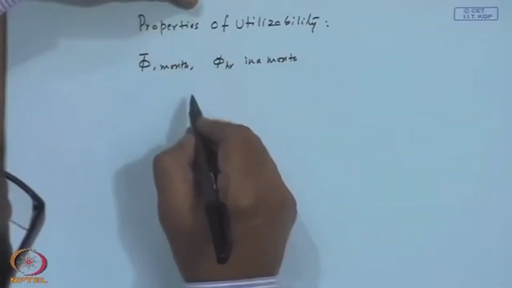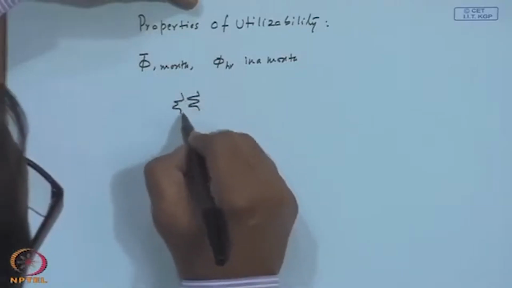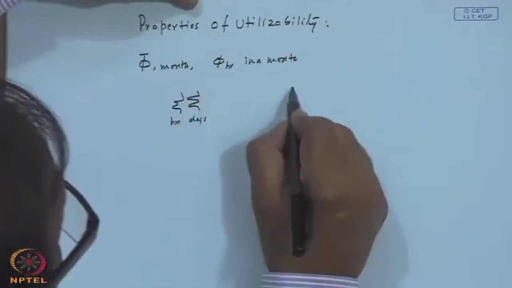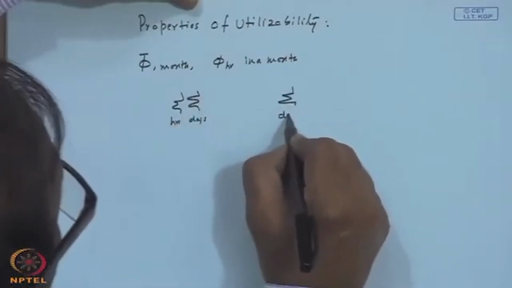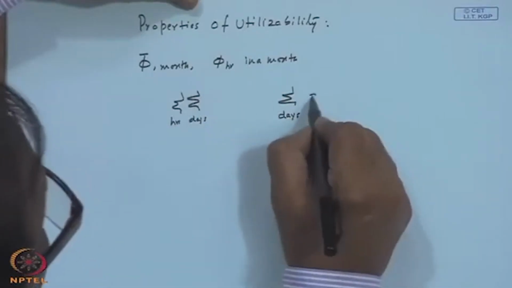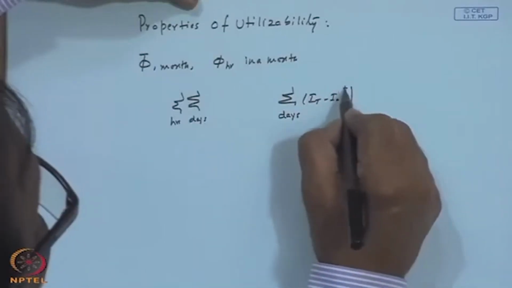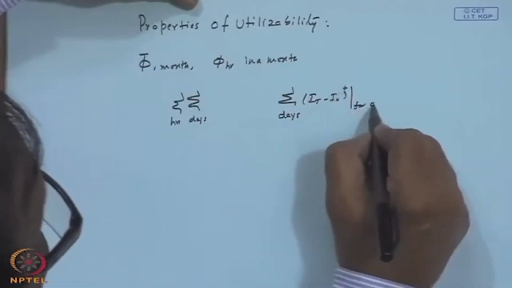So, this is in terms of summation over the days and hours. This will be summation over days of (I t minus I c)+ for a particular hour.